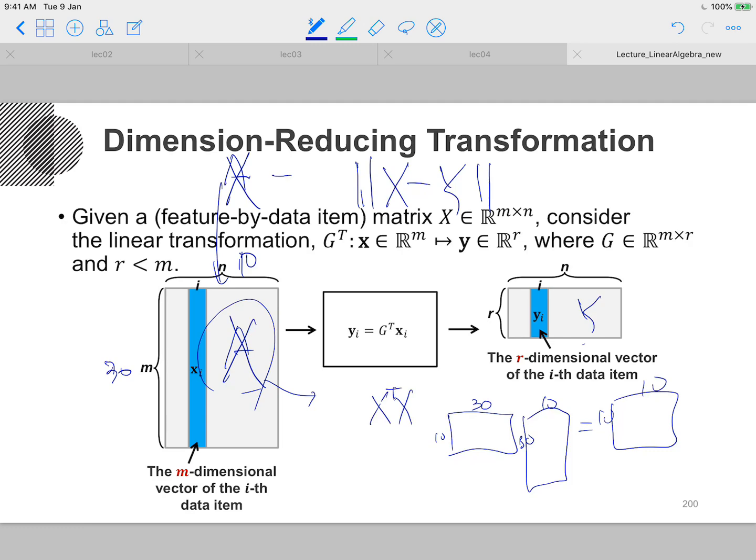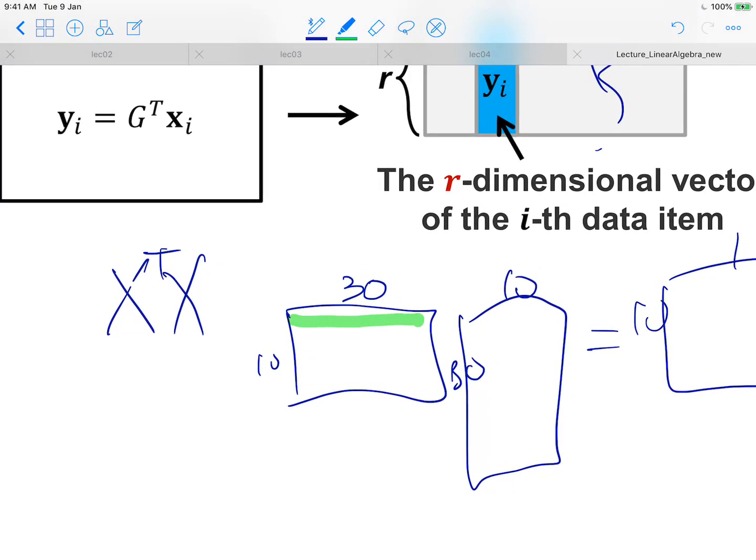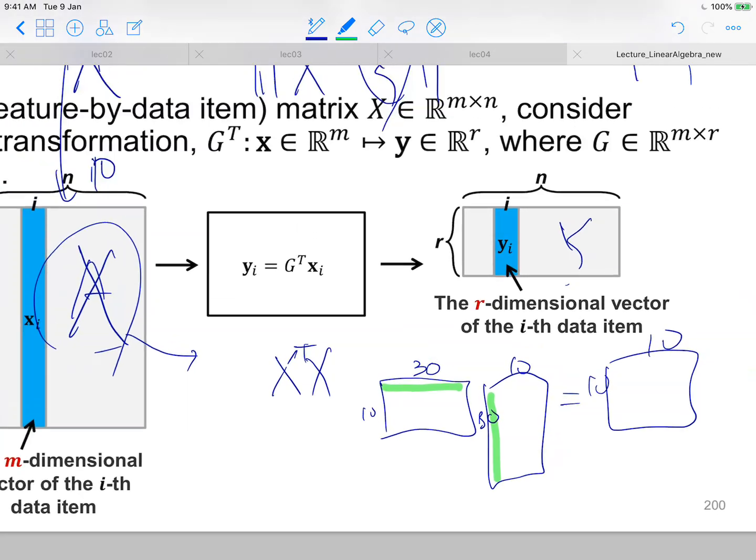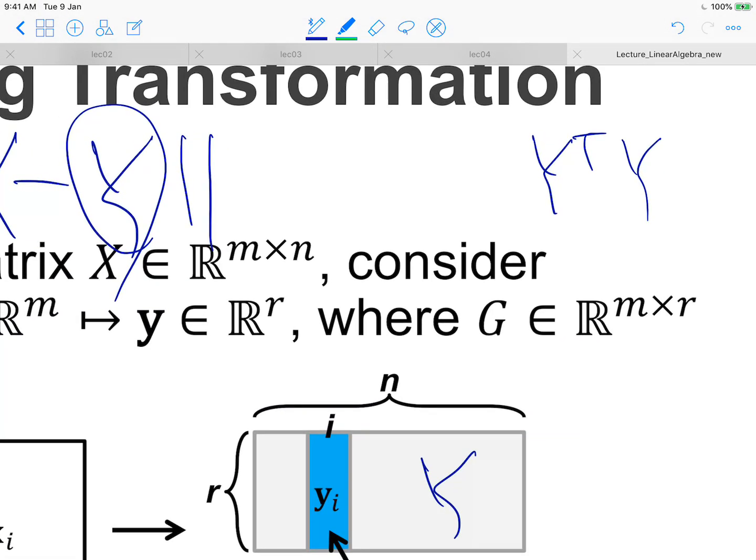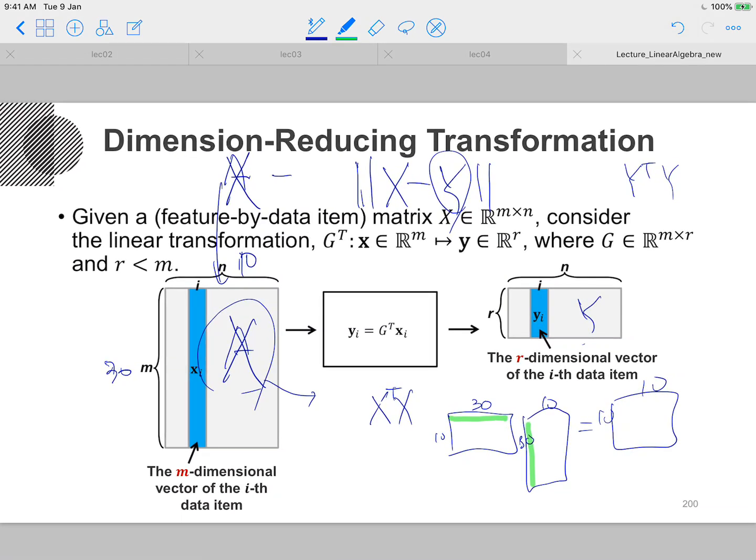Okay? And then we can also compute this same measure from the reduced dimensional representation of our matrix. Okay, so how? Y transpose Y, right? But in this case, the inner product in X transpose X is computed in the original 30-dimensional space, but in the case of Y transpose Y, the inner product will be computed in the low-dimensional space, right? And then now we want to preserve as much as possible every pairwise relationship given in the original space.